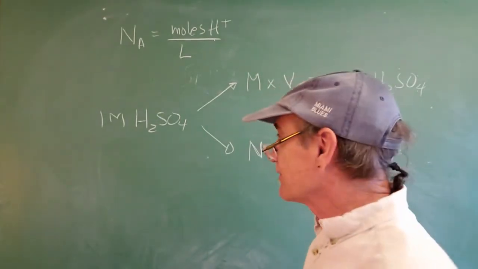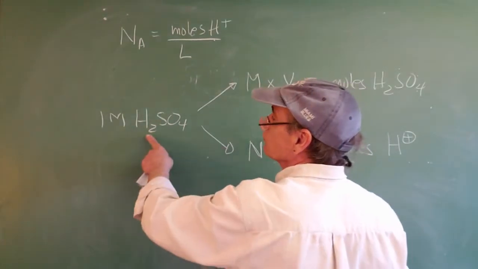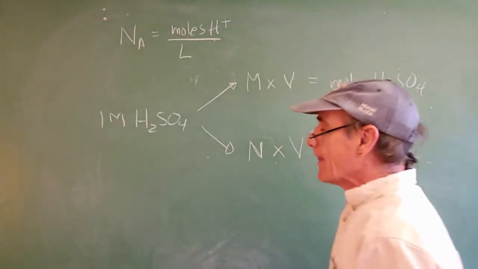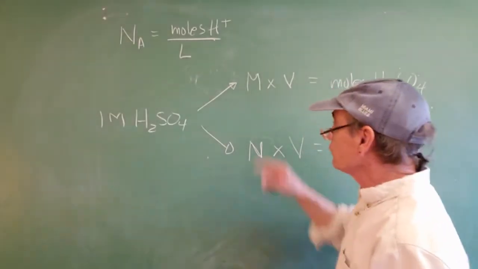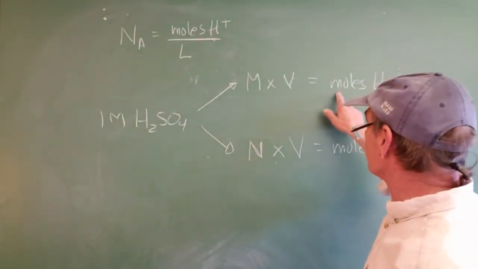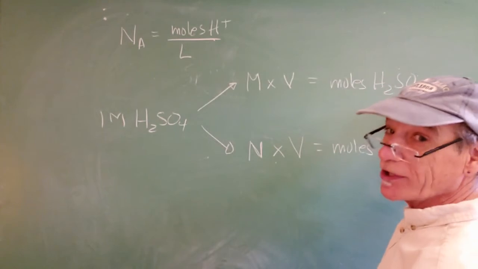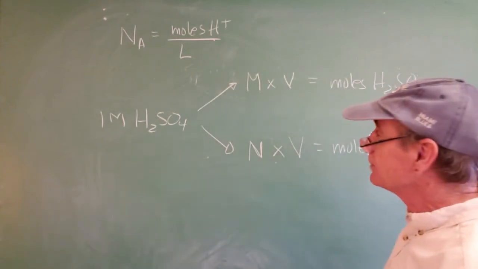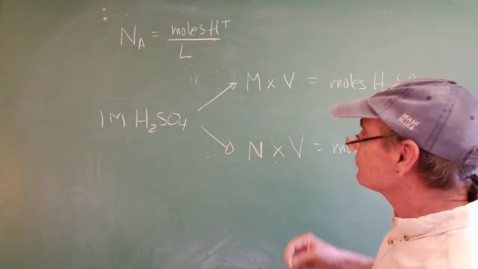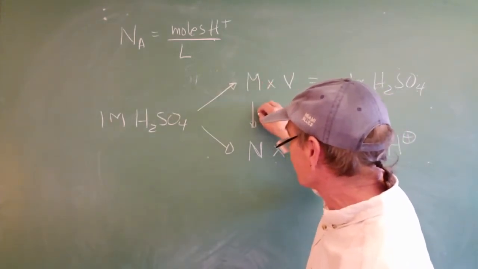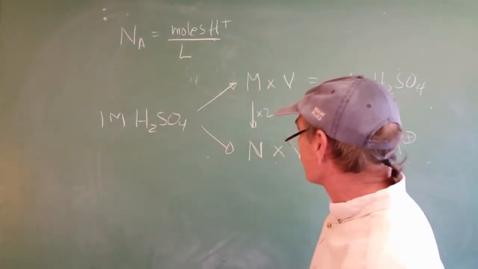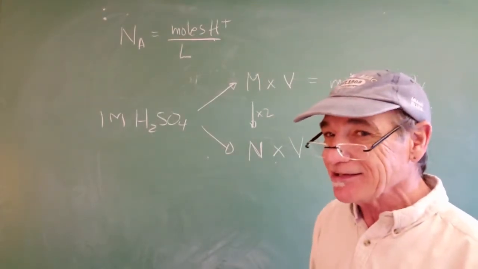So, for instance, if we had a 1 molar solution of H2SO4, if I took a certain volume of that, say 1 liter of that bottle, and took that molarity times the volume, that would tell me the number of moles of H2SO4 that are in that bottle. But normality says we need to multiply the molarity times the number of hydrogens it has, because that would more accurately reflect its true acidity.